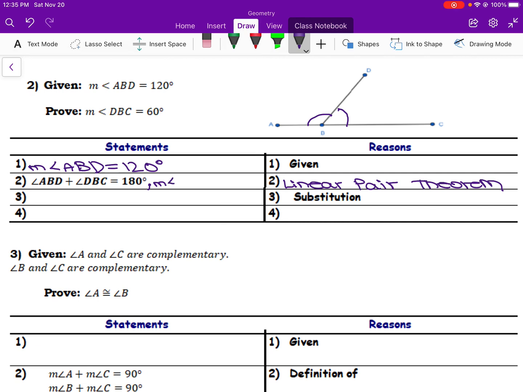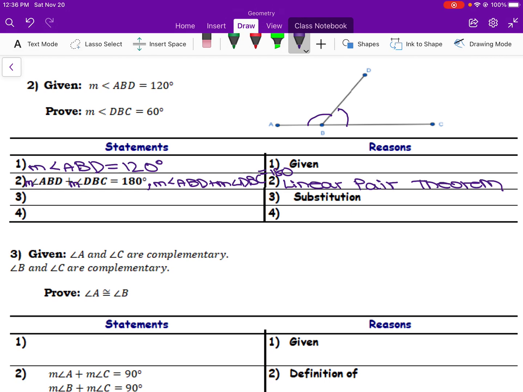Ideally I would want to say that the measure of angle ABD plus the measure of angle DBC equals 180 degrees, because when we're summing them, that should actually say measure. I think that's a typo in this proof here.